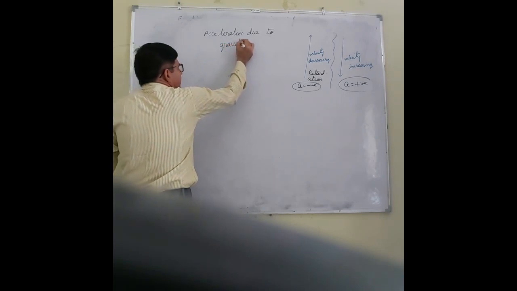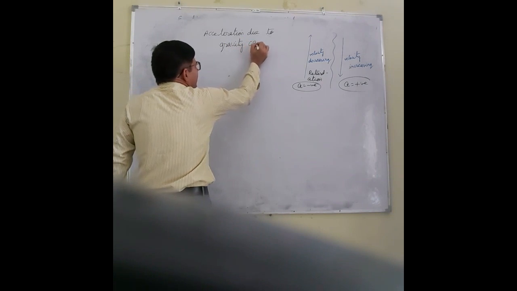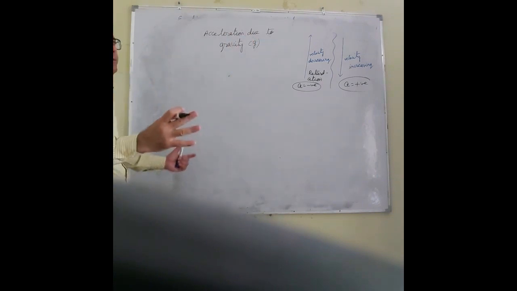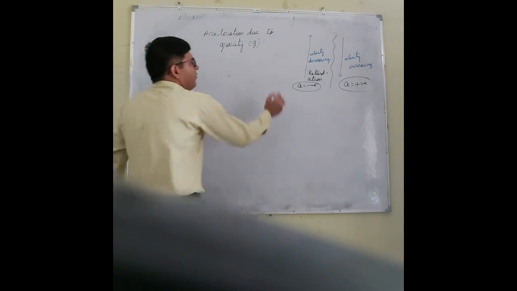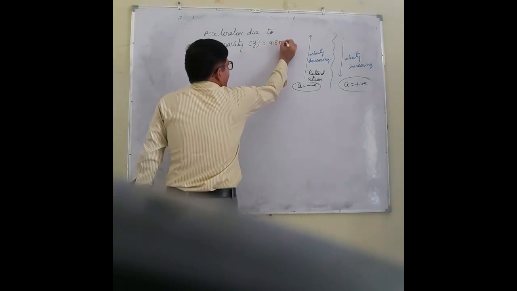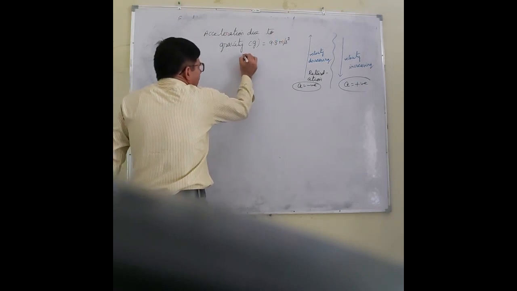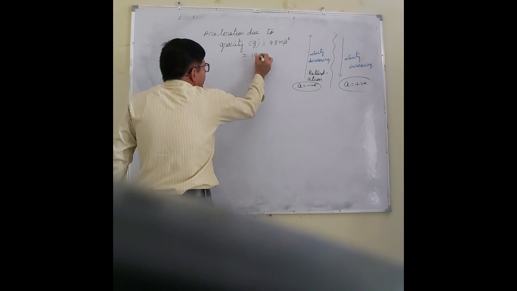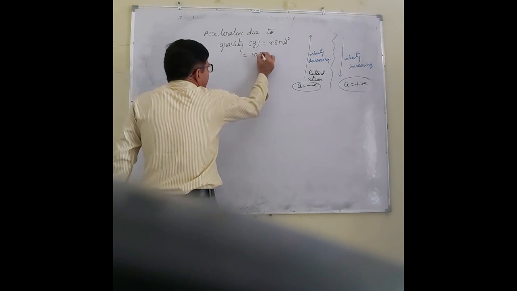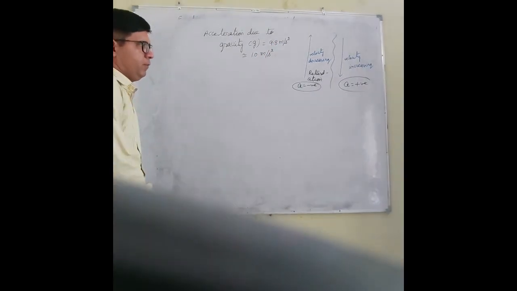As far as this chapter is concerned, you should know acceleration due to gravity is represented by g, and its value is 9.8 meter per second square, and approximately sometimes we take it as 10 meter per second square.